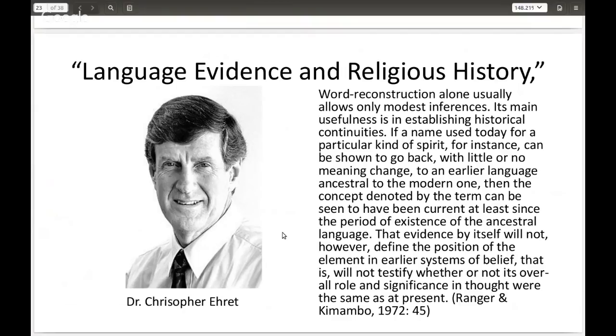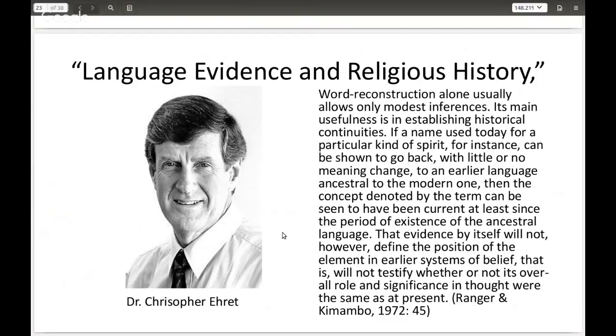So this tool of analysis allows us to reconstruct history, but more so it allows us to make historical connections between groups, and ancestral groups.